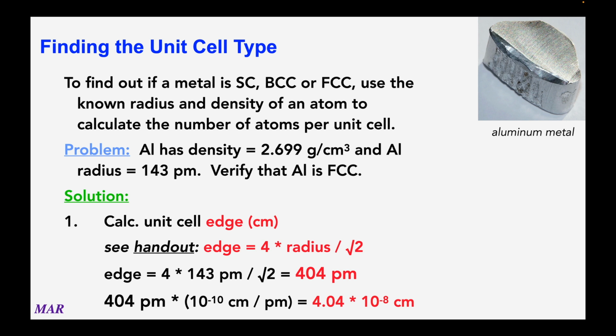And if you look at these values, density is in centimeters cubed. So what we're going to do first, before we cube it, is take that edge and turn it into centimeters. Now, a pico is 10 to the minus 12. So a picometer is 10 to the minus 12 meters. That would allow you to go from picometers to meters.